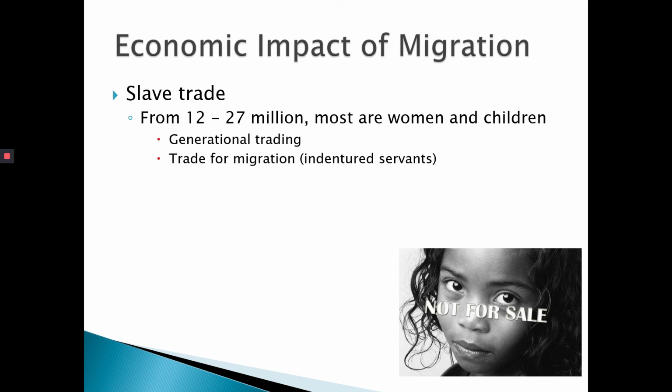So for example, they may be promised a better life somewhere else, and a slave trader will take them on as servants and move them illegally into other countries and promise them a better way of life.